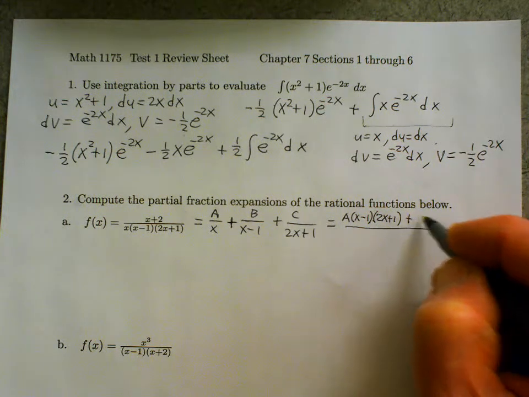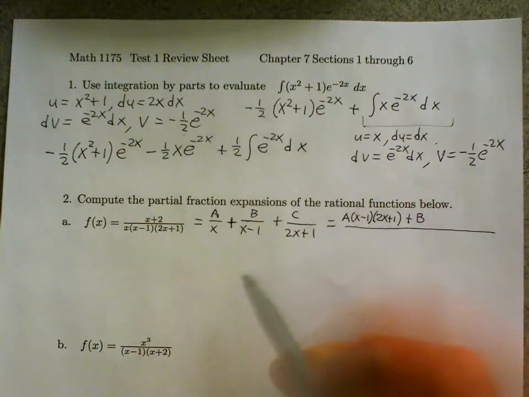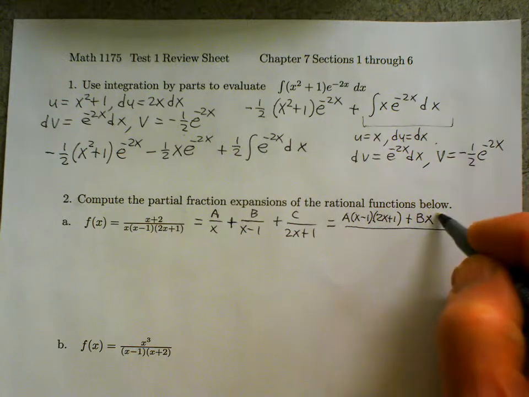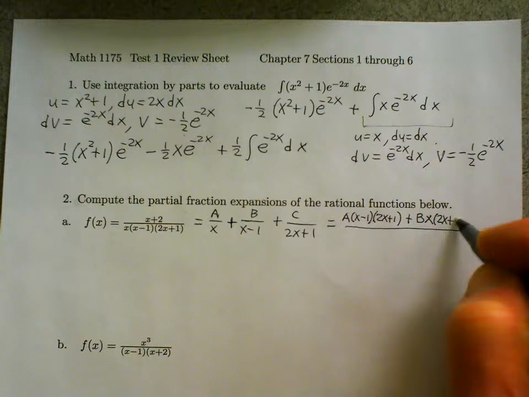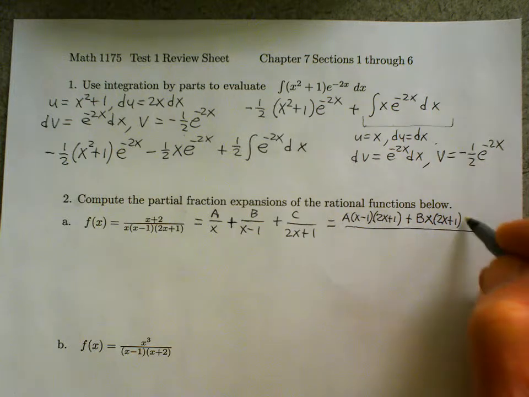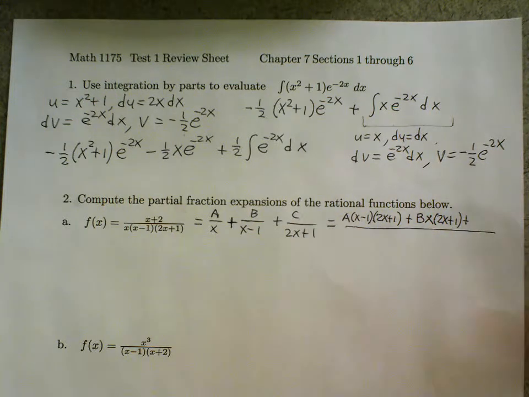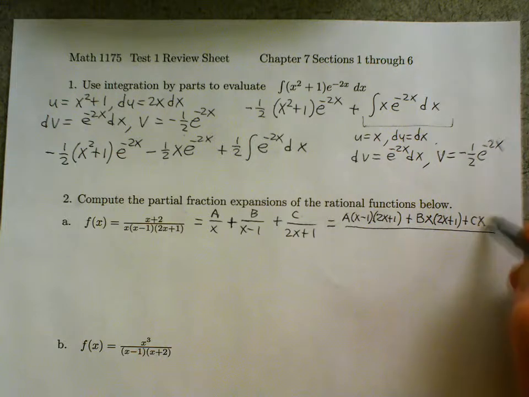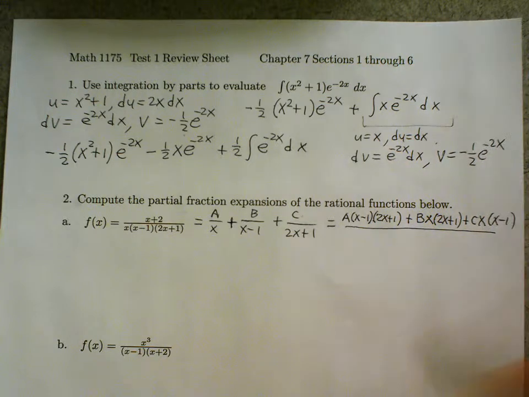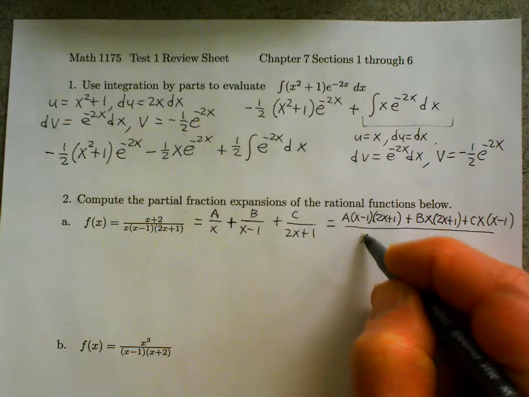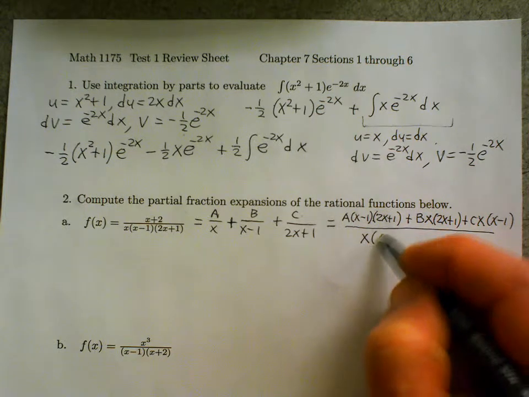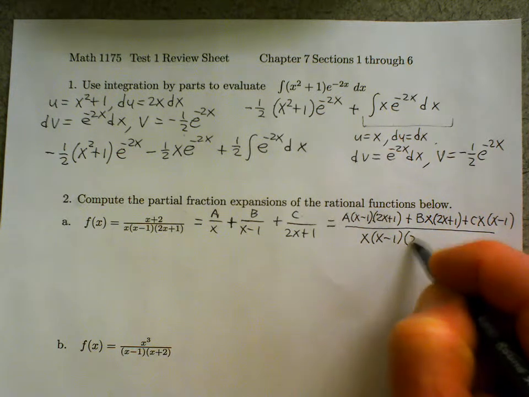And then multiply b by x times 2x plus 1. And then multiply c times x minus 1. And this is all over x times x minus 1 times 2x plus 1.